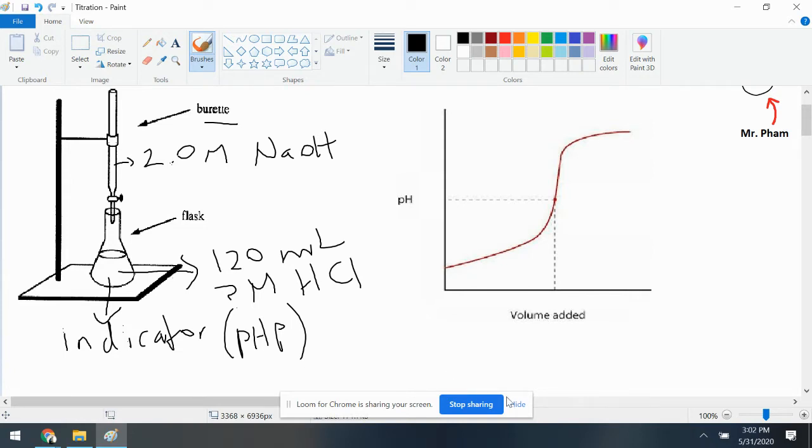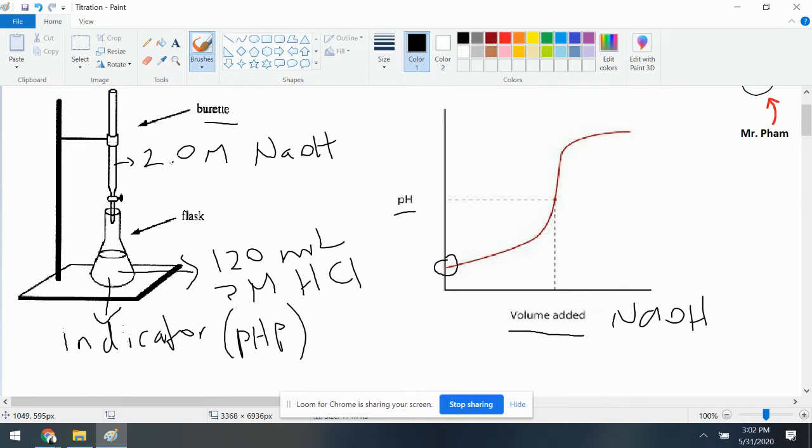So the next thing is this. Let's say I have this graph here. This is called my pH curve. Your y-axis is your pH, and the x-axis is the volume of NaOH that you're going to be adding to the hydrochloric acid. So let's say you start off with a pH lower than 7, around 1 or 2 for this hydrochloric acid.